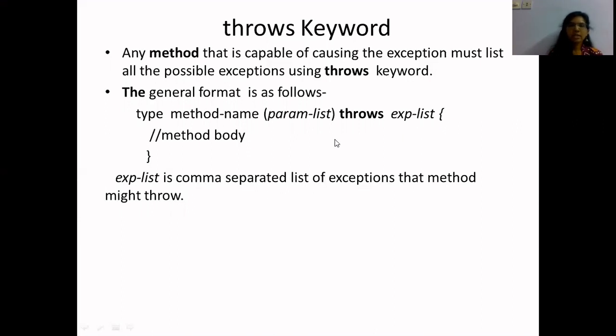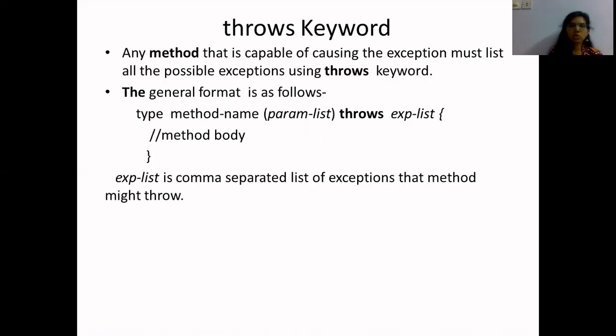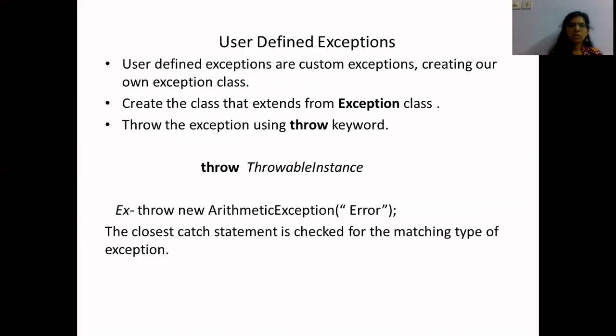And one more difference is that throw is always used inside the method body, not at the method signature, whereas throws is used at the method signature. Throws is used just to declare the exceptions, whereas throw is used to throw the instance of the exception.